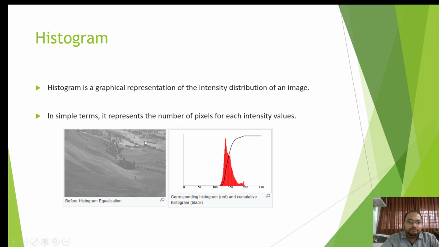In simple terms, it is simply the number of pixels for each gray level intensity. So we have found out the frequency of occurrence of each gray level intensity, and then we have performed different operations.